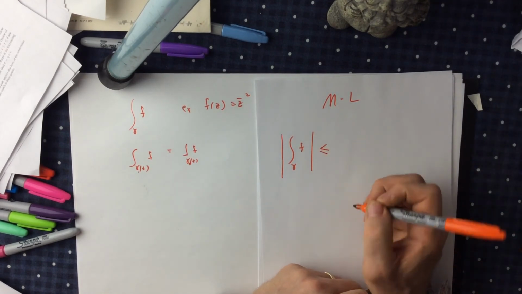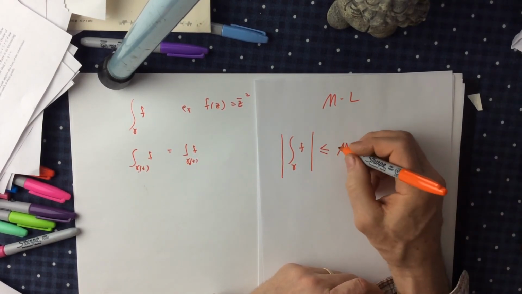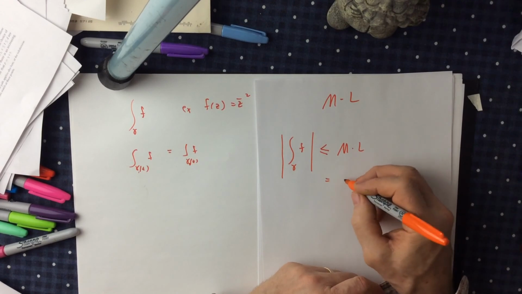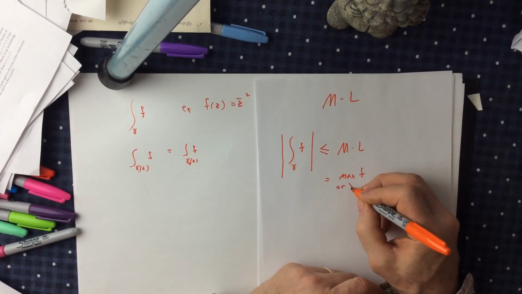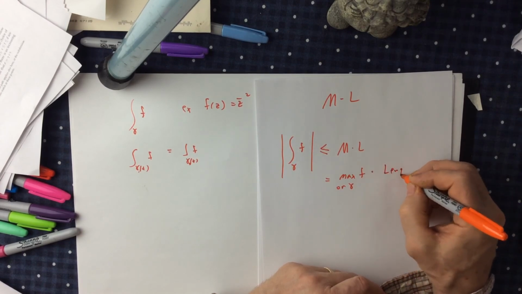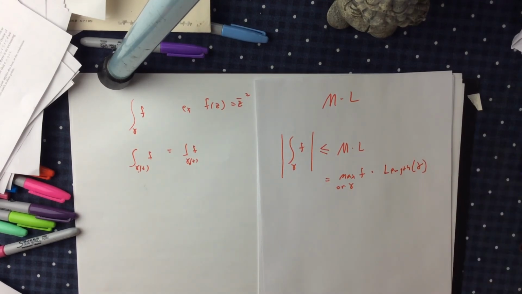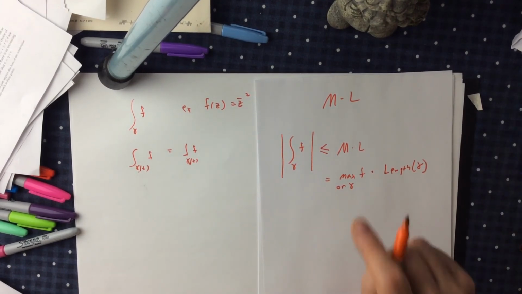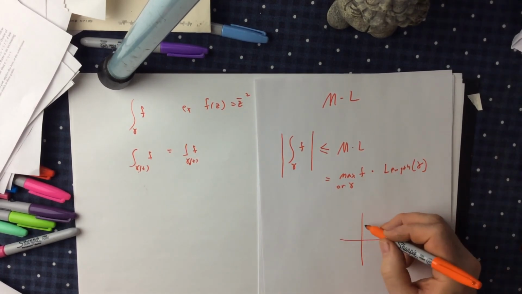Turns out that we have some control on this. It's called the ML value, where M is the maximum of the function on gamma times L, the length of gamma. Wow. What would this analogous theorem be in the real plane? Well, look at the following.